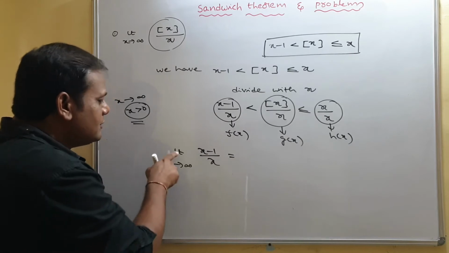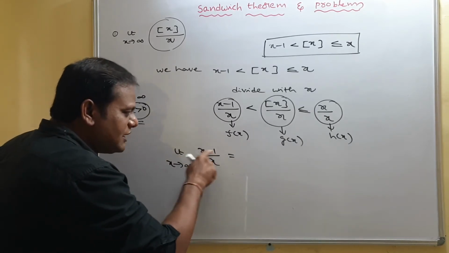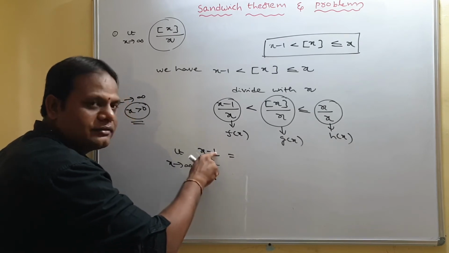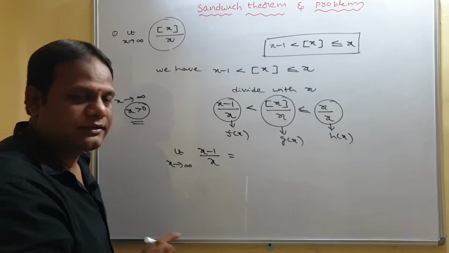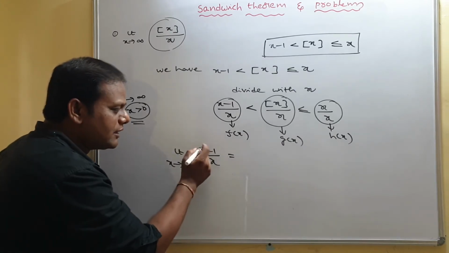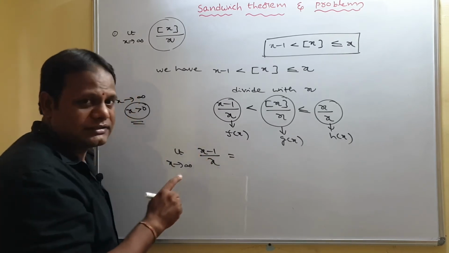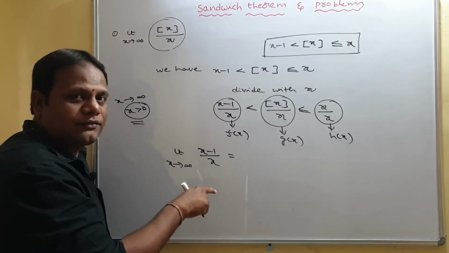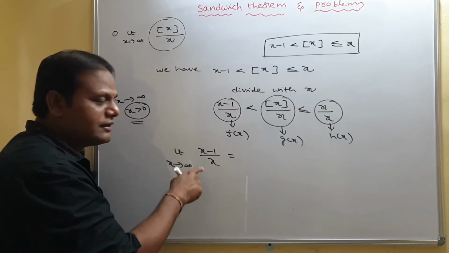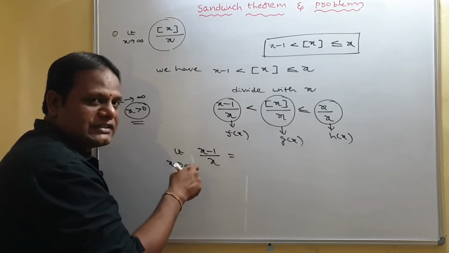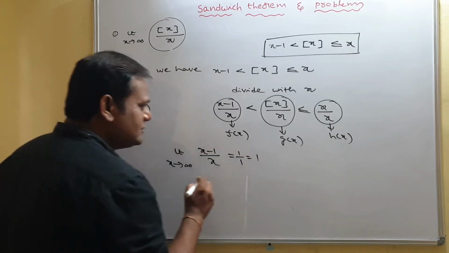I mean, if x tends to infinity, then we observe the degree of numerator and degree of denominator. Based on that we can give the answer. What is the degree of numerator? Power is 1. So 1. Degree of denominator, that is also 1. So degrees are equal. If degrees are equal, the answer is the ratio of their coefficients. So here x coefficient 1 by 1. So it is 1.